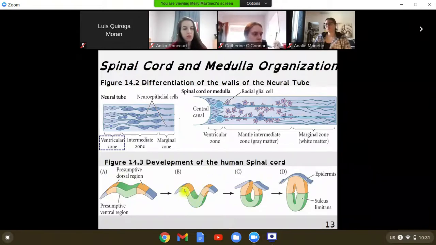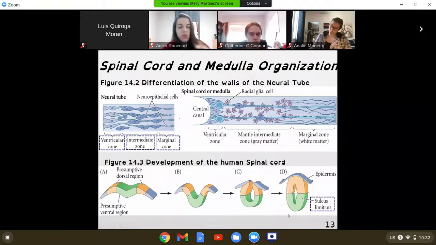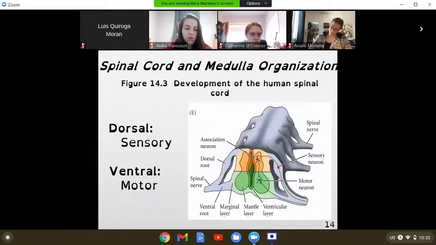As it gets elongated and the joining, we're going to find a point of differentiation between the dorsal and the ventral part, and that is what we call the sulcus limitans. Okay, so the sulcus limitans that we have in here divides the dorsal from the ventral halves. Okay, so let's see what happens. Okay, come on, here we go.